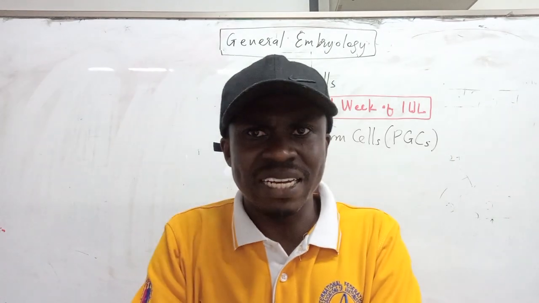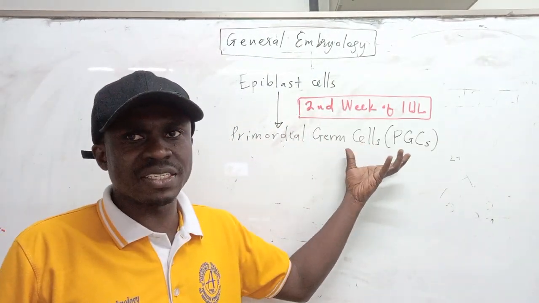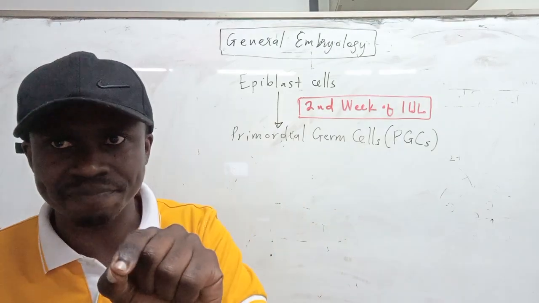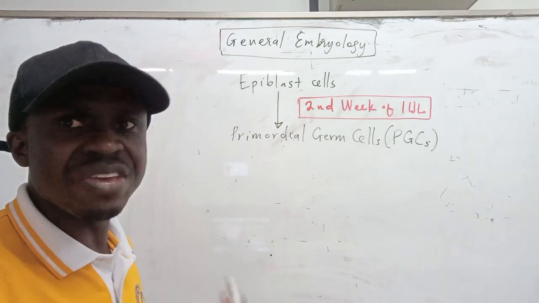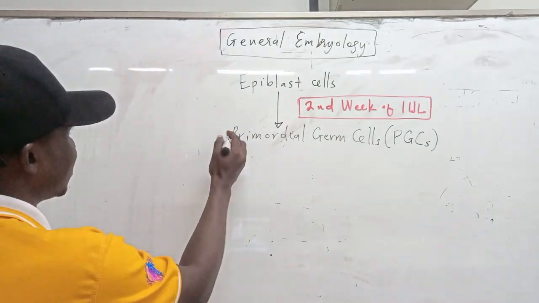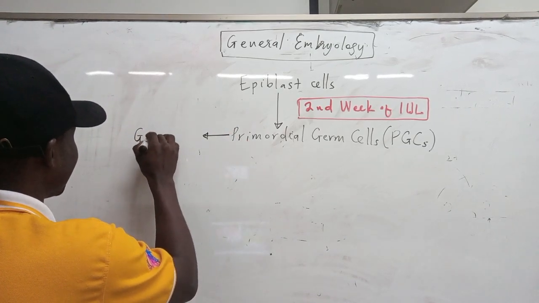Now the point is that the primordial germ cells, in this case, become unipotent cells, which are going to give rise to something we call gametogonium.